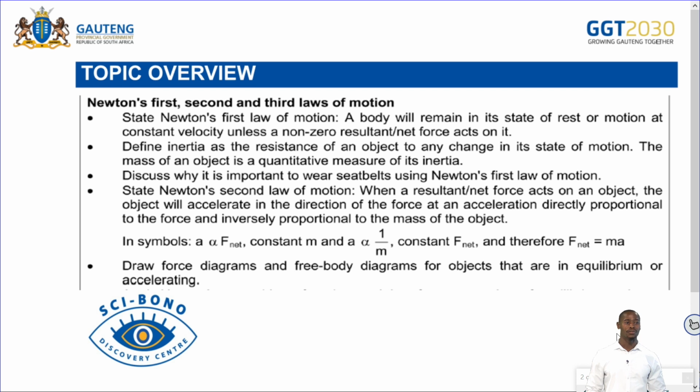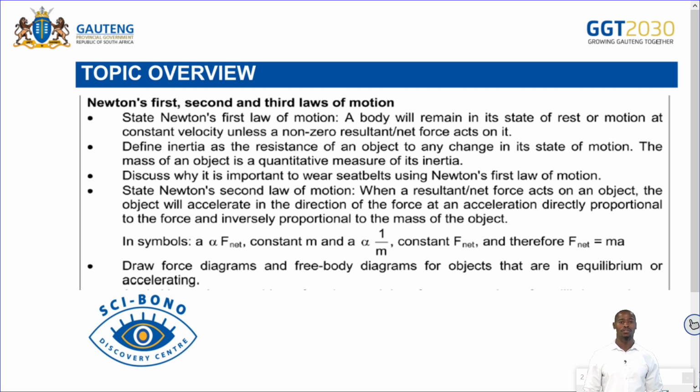And then also define inertia as the resistance of an object to any change in its state of motion. Then the mass of the object is a quantitative measure of its inertia.